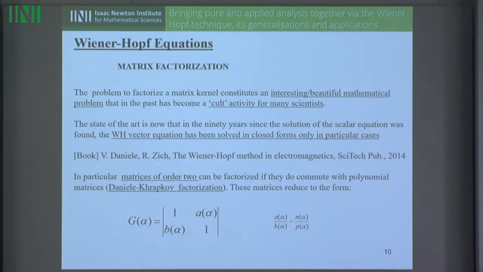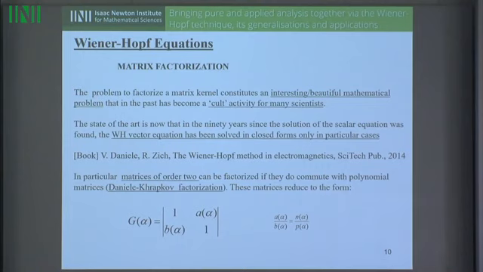Here we have some slides about matrix factorization, and of course this topic in closed form is very interesting. There are very good papers. It's a sector in Wiener Hopf that has given a cult activity for many scientists, and we need it to solve Wiener Hopf vector equations.